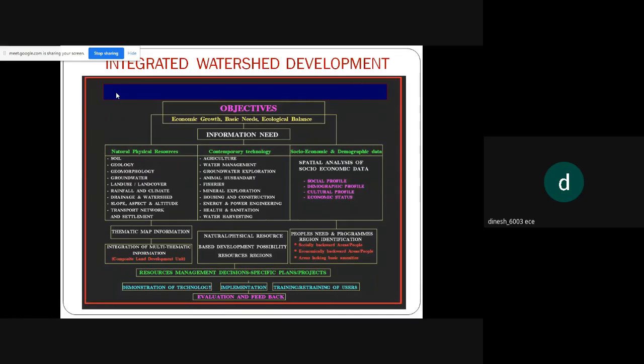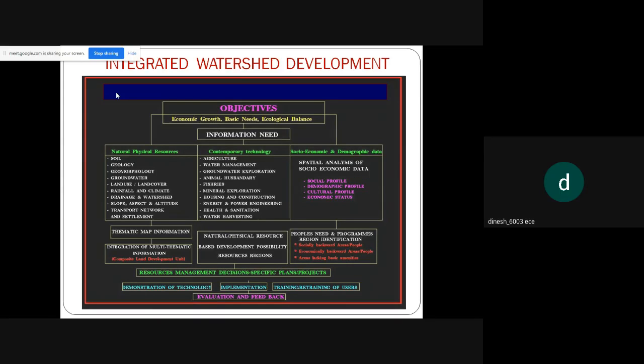So the natural or physical resource of the water is being collected based on the development possibility resource regions. They are being segregated and given to the next level of resource management decision. That depends upon the social, economic, and demographic data. The spatial analysis of social economic data covers the social profile, the demographic profile, the cultural profile, and the economic status.